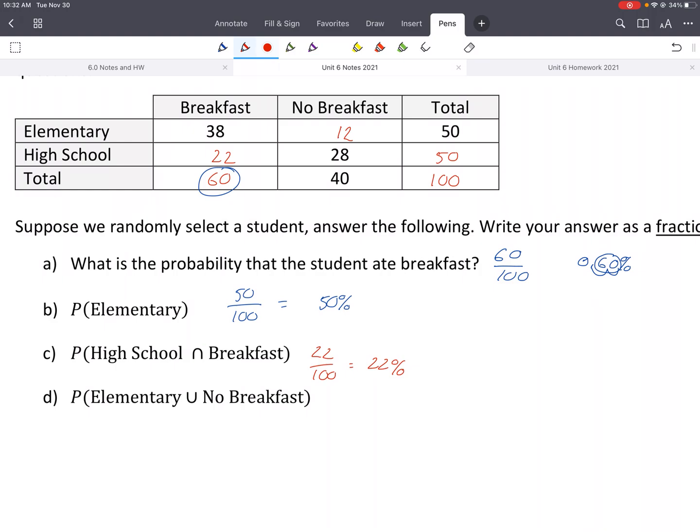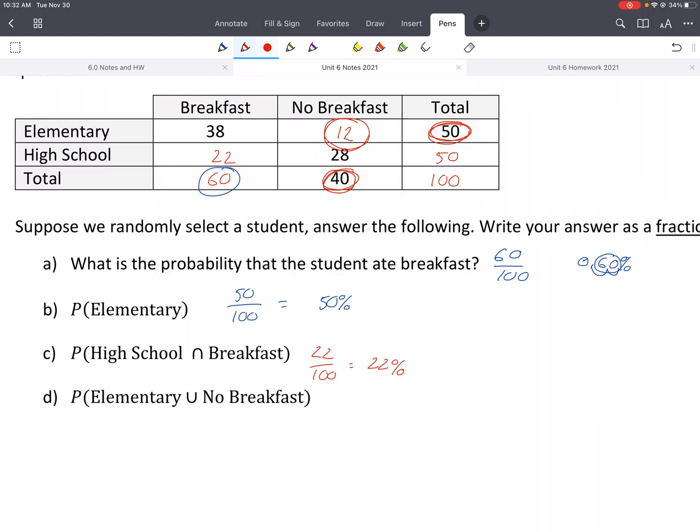And then the union, so we're taking all the elementaries and all the non-breakfasts together. We would take all of the elementary, so that's 50, and all of the no breakfast, which is 40, but we don't want to double count the 12.